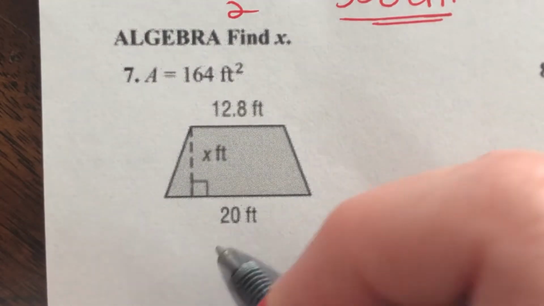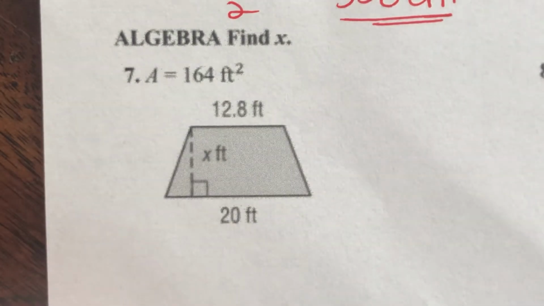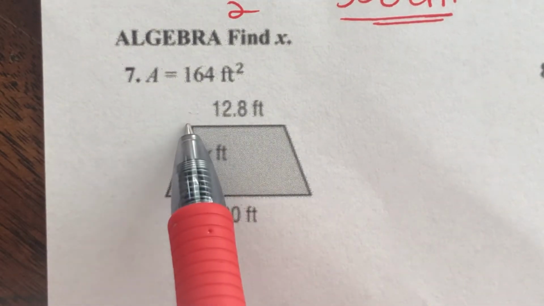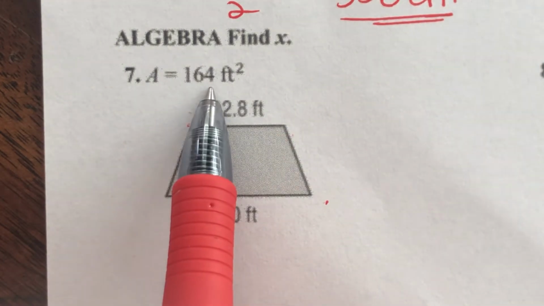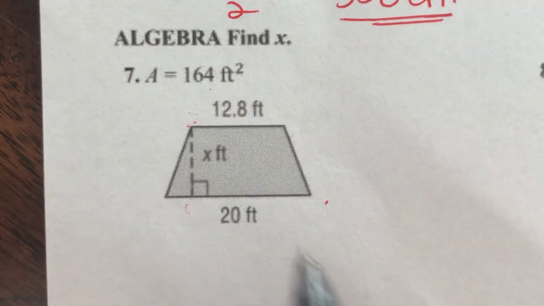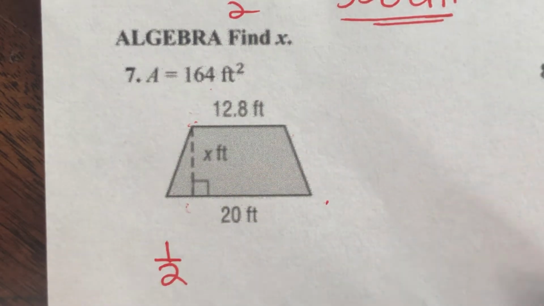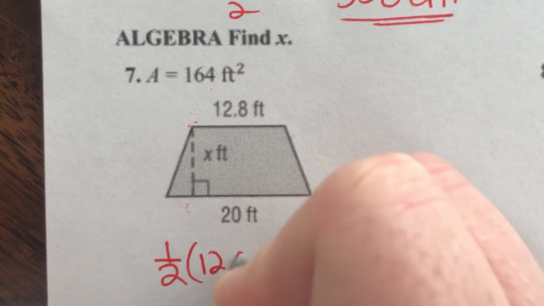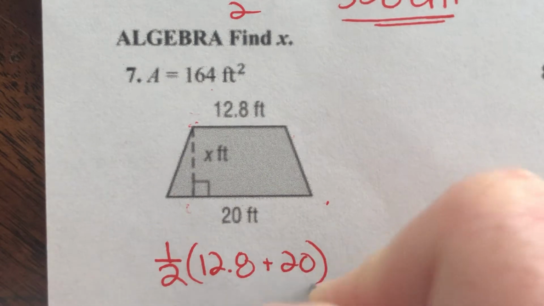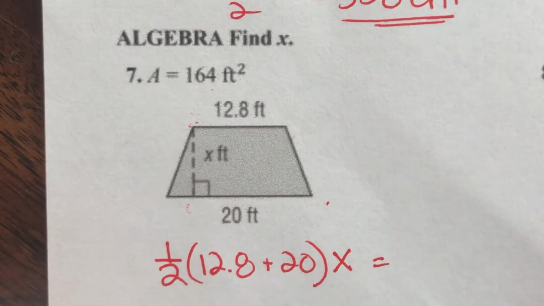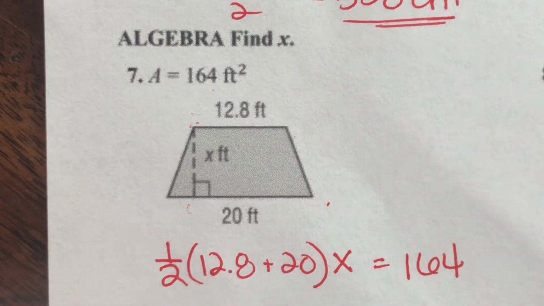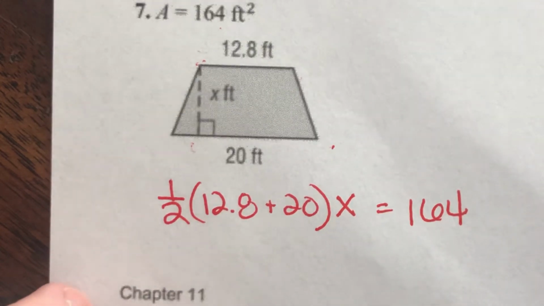We're solving for x. So here's a trapezoid. We know 1/2 times the bases added together times the height gives us the area, which is 164. So we're going to say 1/2 times the bases, 12.8 plus 20, times x, the height. And we know the answer to that is 164. So we need to solve for x here.